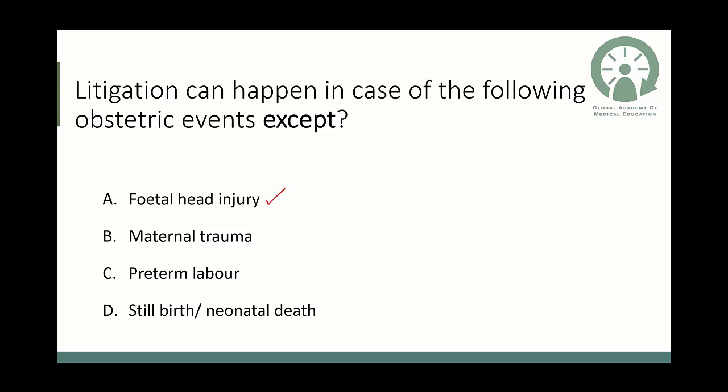A fetal head injury or any obstetric injuries, whether to the mother or to the fetus, a splice mark of the scalpel, or a forceps mark, or a chignon, or an intracranial hemorrhage that happens because of faulty instrumentation, all these are liable for compensation. And for the mother also, obstetric anal sphincter injuries and other maternal trauma can be reported. But mostly fetal injuries, they can demand compensation very easily.